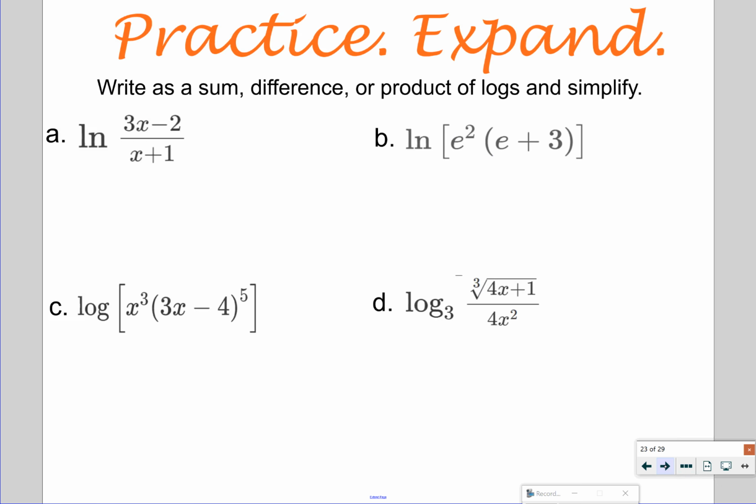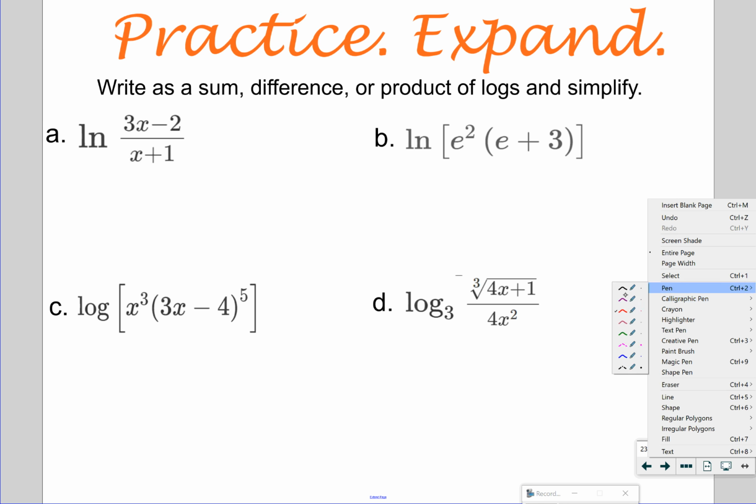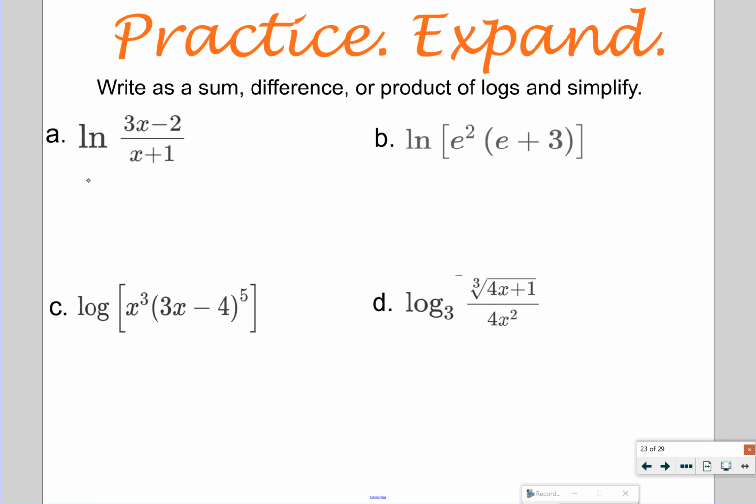Okay, so here are some for you to try. All right, so in A, you should have natural log of (3x minus 2) minus natural log of (x plus 1).